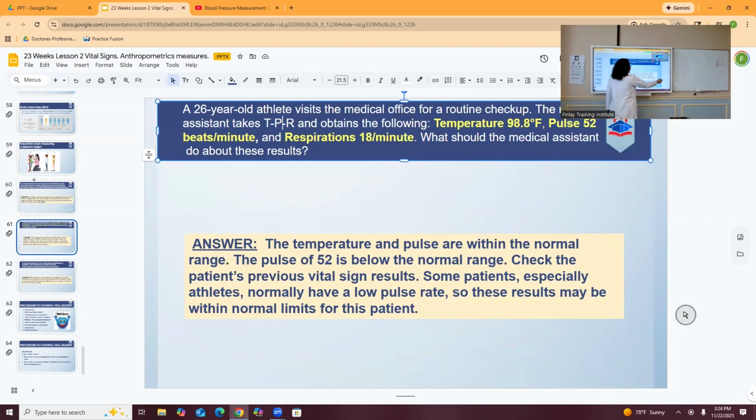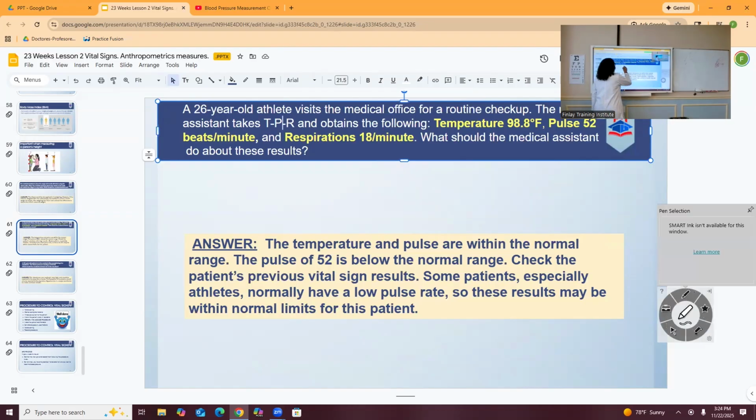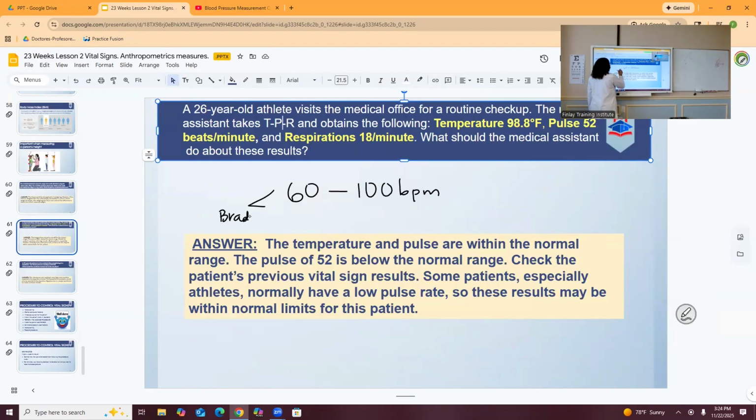The normal heart rate is from 60 to 100 beats per minute. Anything less than 60 is bradycardia. Anything above 100 is tachycardia. So if the patient is at 52, this means that the patient is below, and the patient is bradycardic, okay?